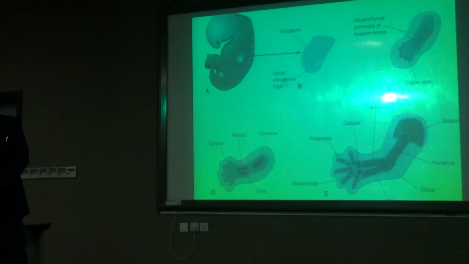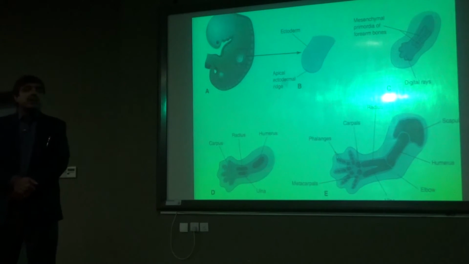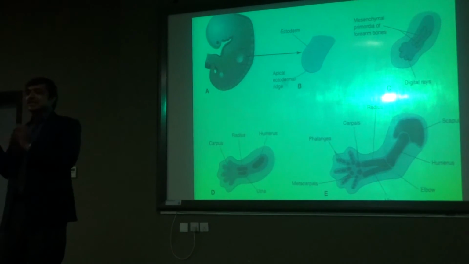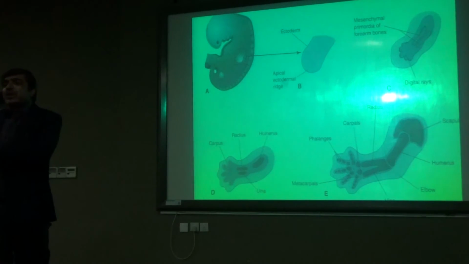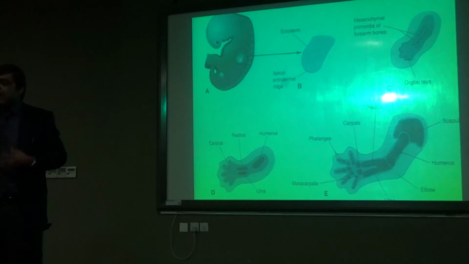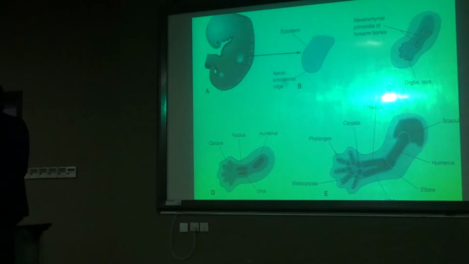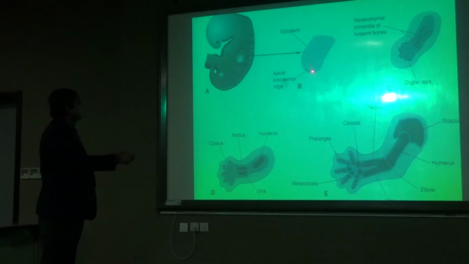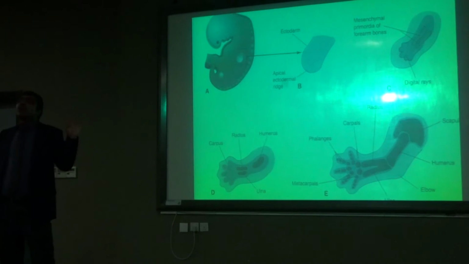This ridge is known as the apical ectodermal ridge. What is the function of this ridge? It collects the cells distally to influence the limb to grow distally, both right and left limbs, lower and upper limbs. If I cut it during this period, the limb will be shortened, it cannot grow.